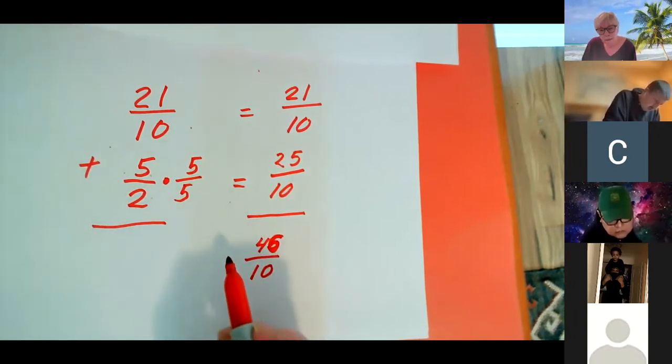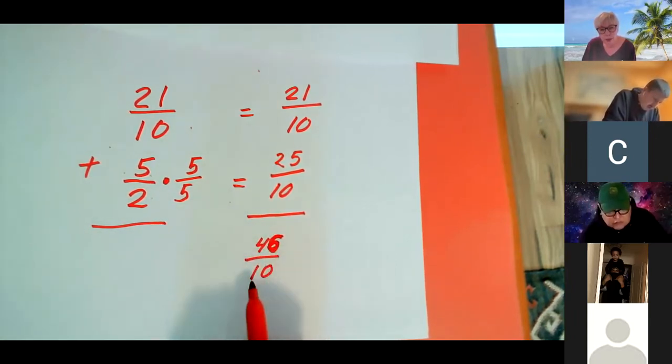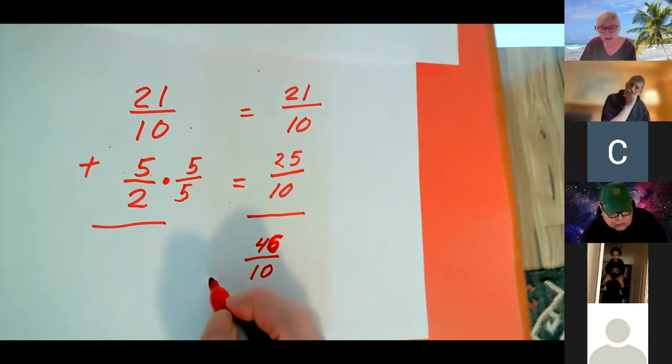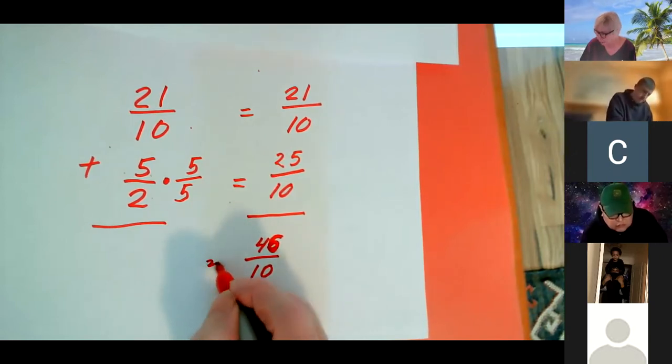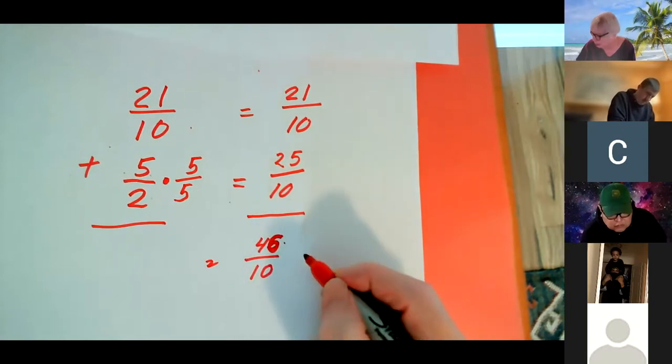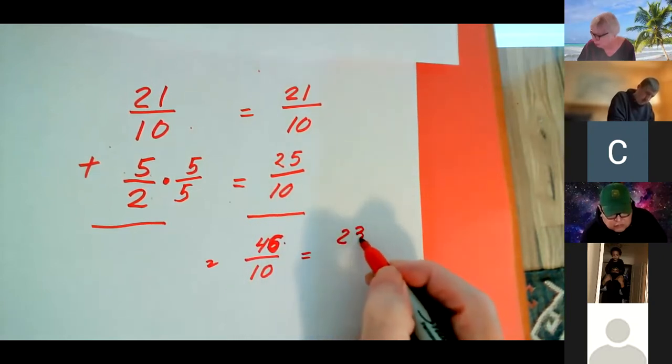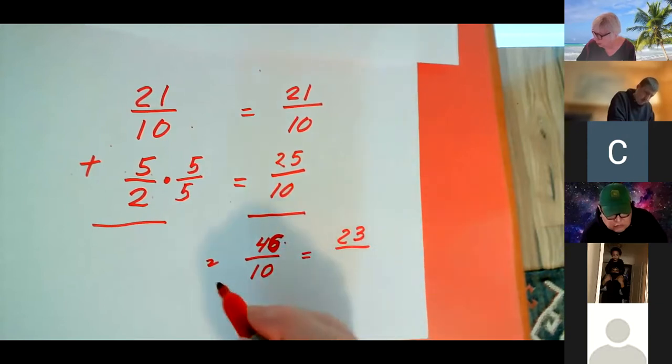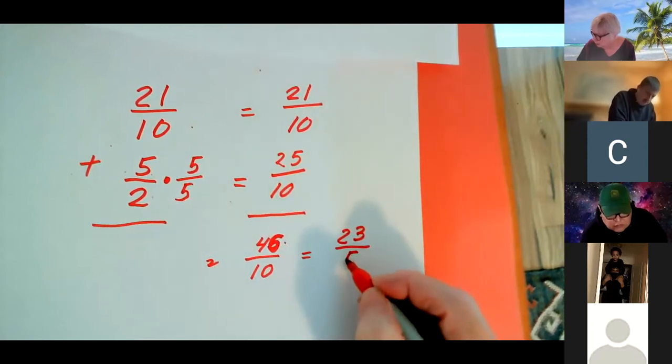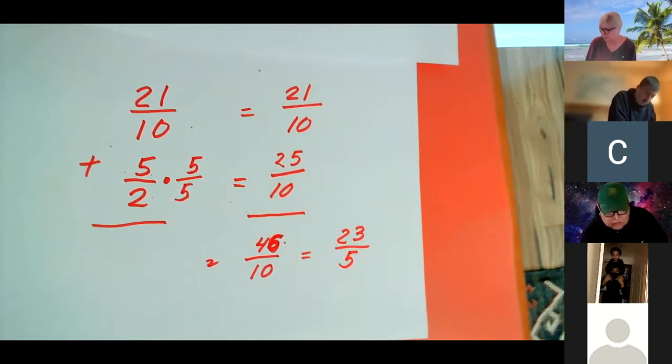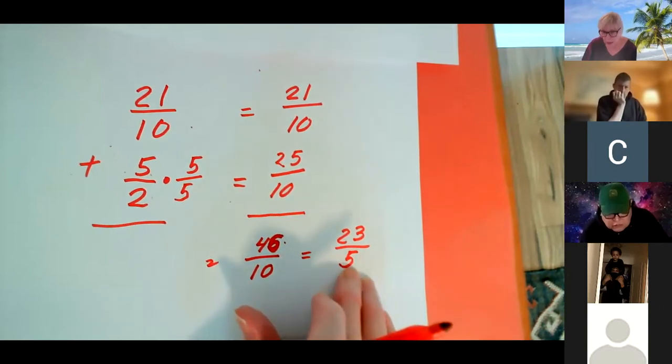And so bottom line is they're both even. Therefore, I could divide them both by 2. 2 into 46 is 23. 2 into 10 is 5. Now, at this point in time, you have to look at your instructions. We have a pretty good answer.